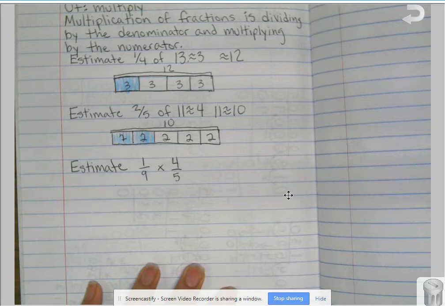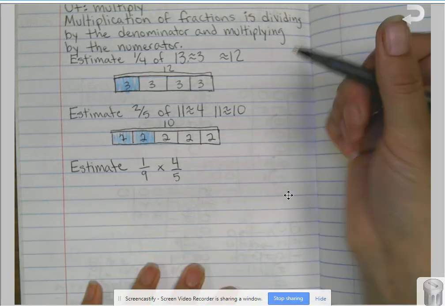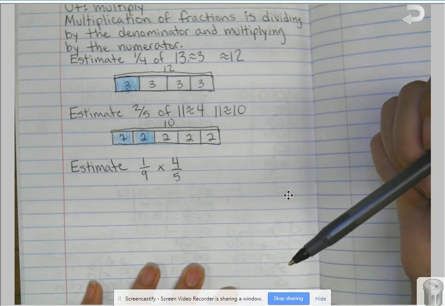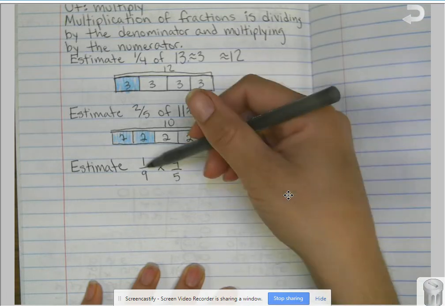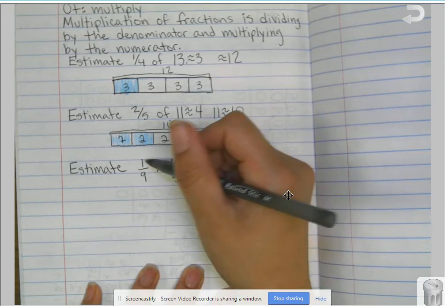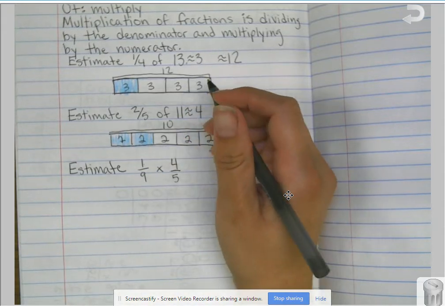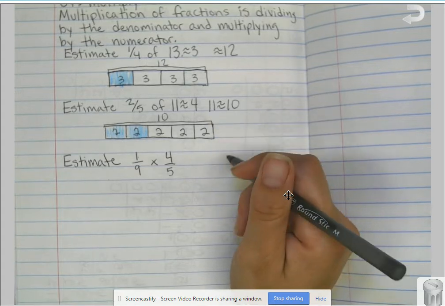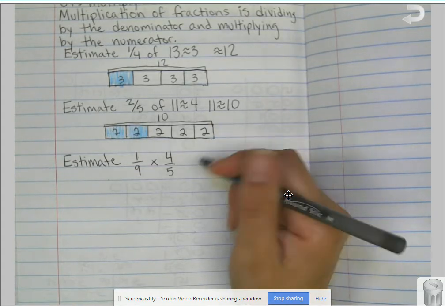So if we're going to be estimating, sometimes it's just helpful to think, what are these close to? Looking at 1/9, what is it closest to? Half, whole, or 0?